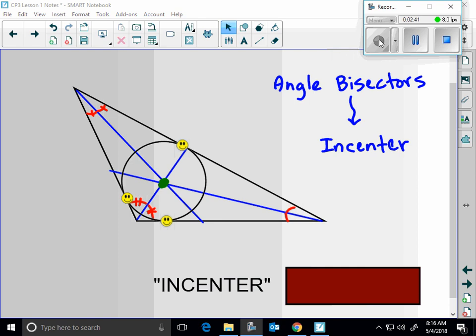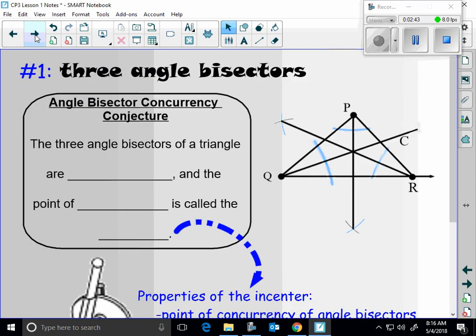Okay, let's keep going. Here's some of the work shown, some of the vocabulary involved with the angle bisectors and the in-center. The angle bisector concurrency conjecture, right here in this rounded box, is the three angle bisectors of a triangle are concurrent.